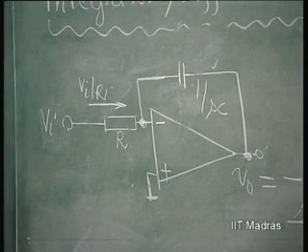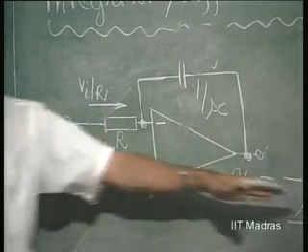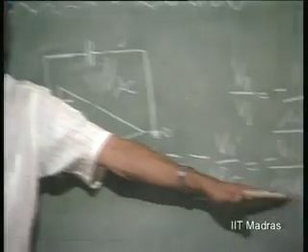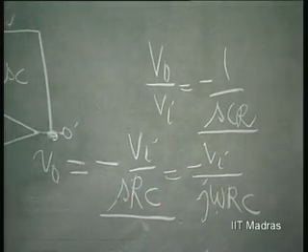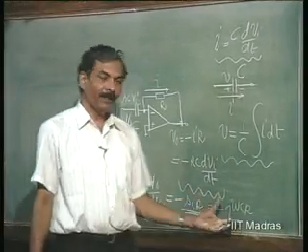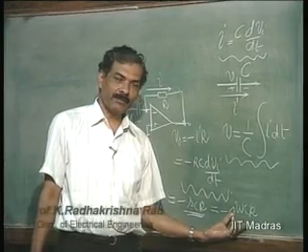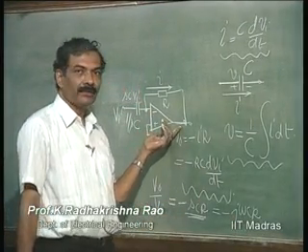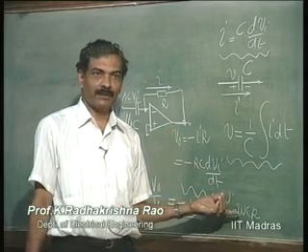Next, the integrator is something whose gain is inversely proportional to frequency. That means, at high frequency it eliminates all the signals, whereas a differentiator will amplify all high frequency components. That means, a differentiator will respond even to noise which is occurring at high frequency.